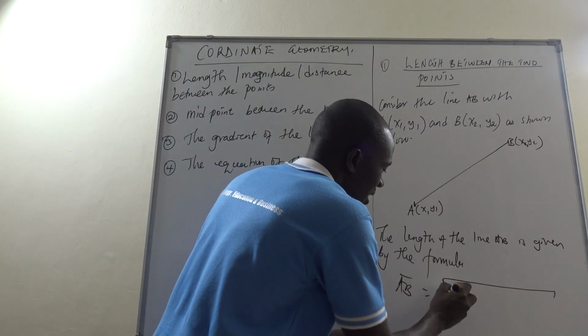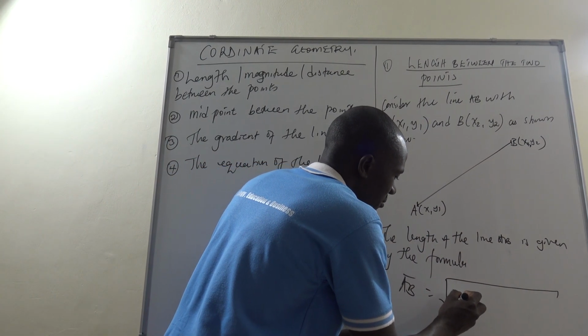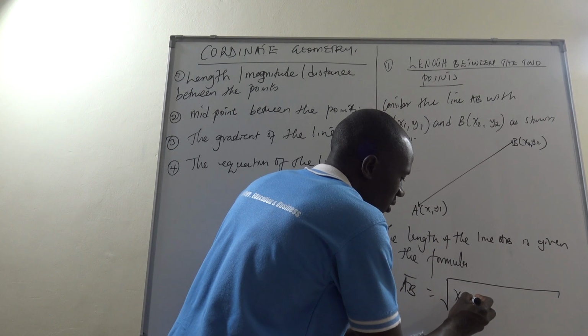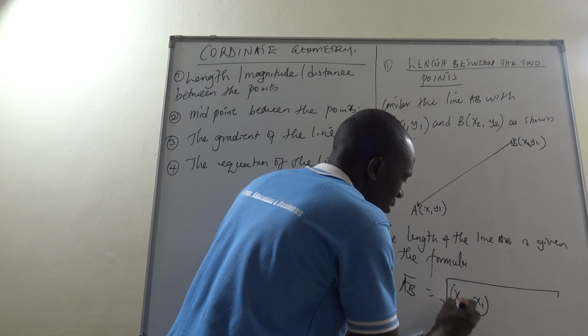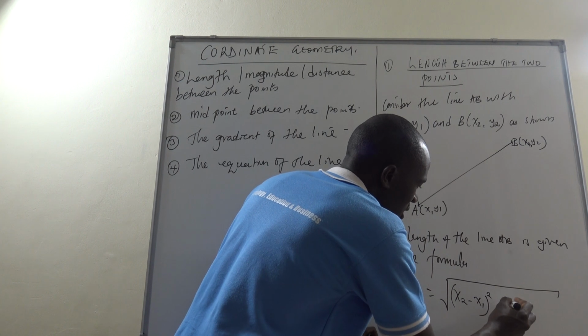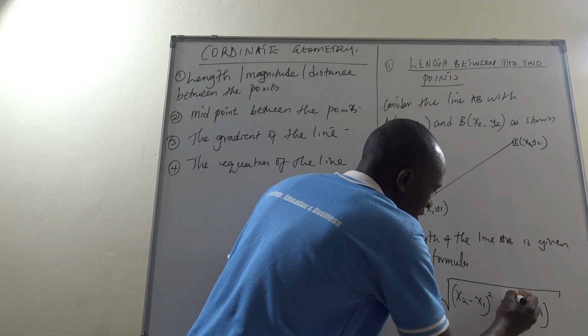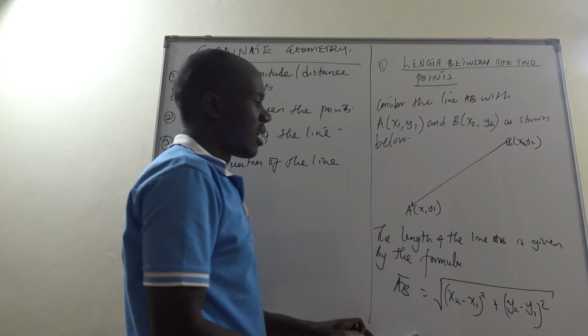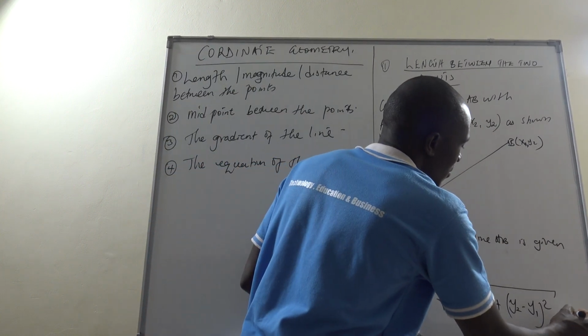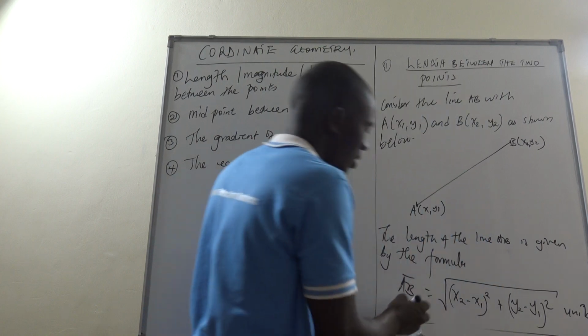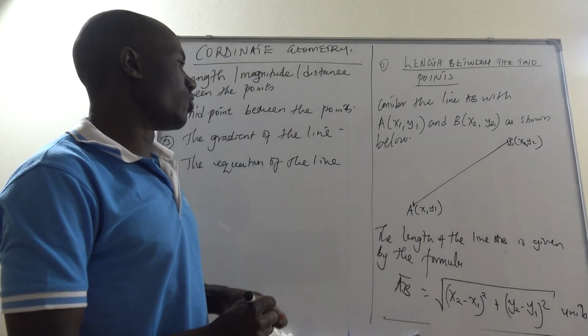It is given by the root of (x2 minus x1) squared plus (y2 minus y1) squared. And the unit, it is measured in units. So this is how we are going to be obtaining the length.